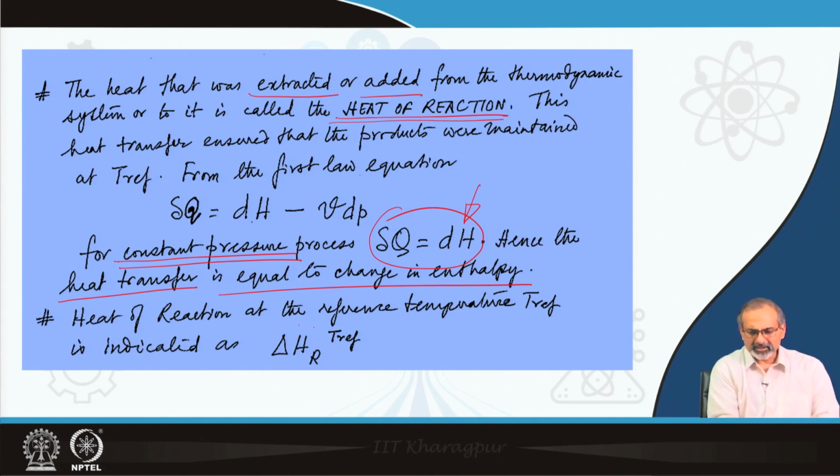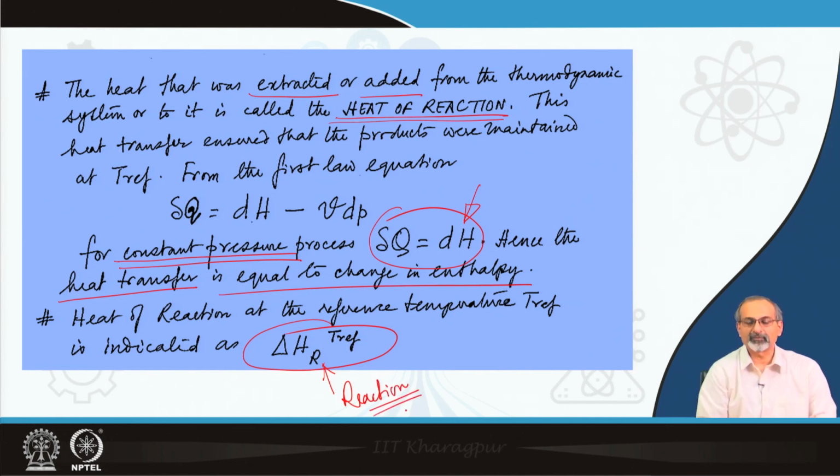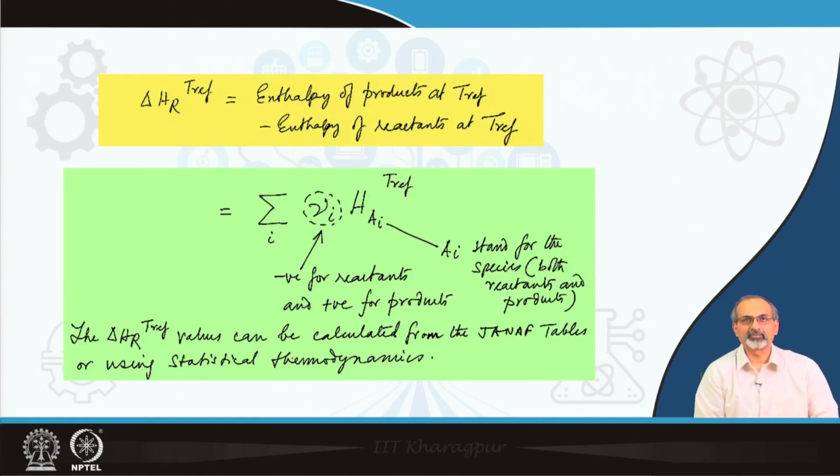The heat of reaction at the reference temperature is indicated by this relation, delta H R, R for reaction. Later on you will see we will use a subscript F for formation, and this is the reference temperature, and delta H R is basically the enthalpy of the products minus the enthalpy of reactants, all held at the T reference temperature.